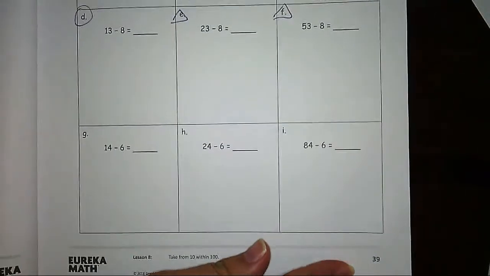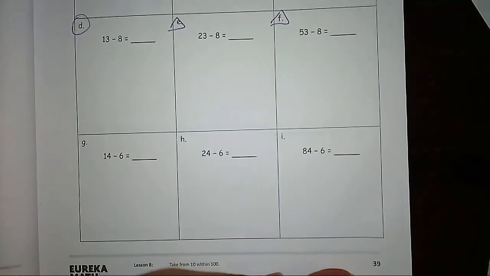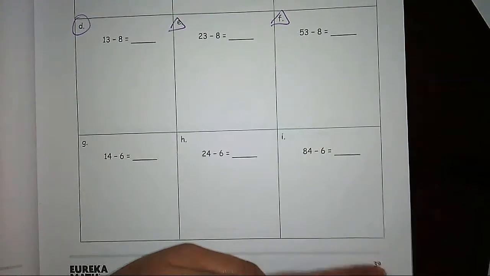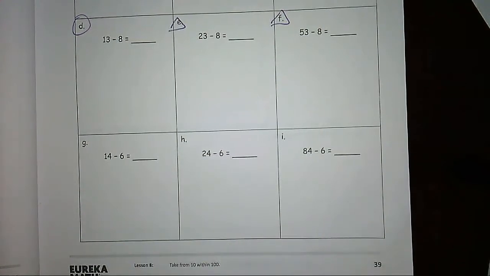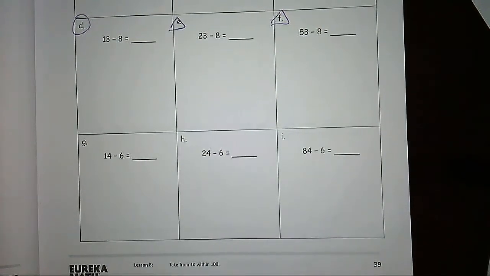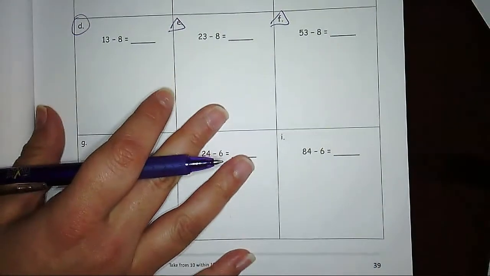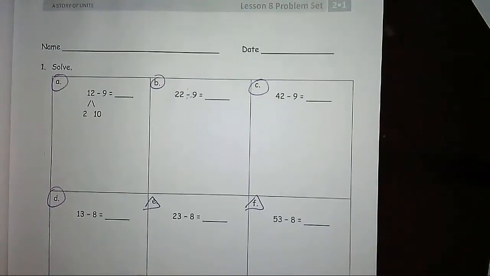You have 10 seconds to open your book number 2 to page 39. We should already be here.